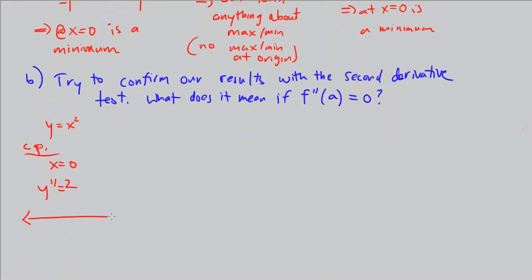And then we go ahead and again draw our interval, our number line, placing all of our zeros from the critical points, which was just from the first derivative. Then we look, what is y double prime at x equals 0? It's 2. It's always 2. So it's still going to be greater than 0.